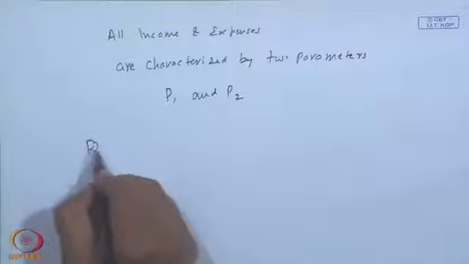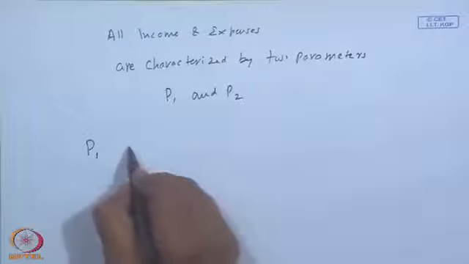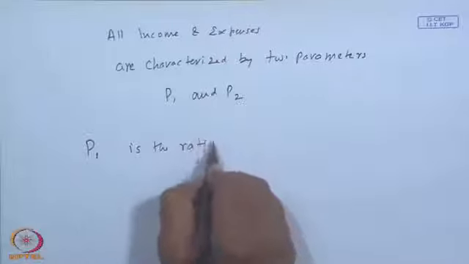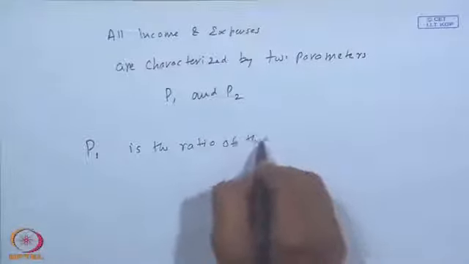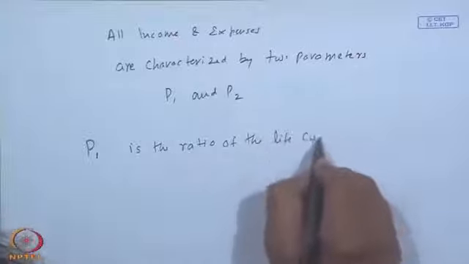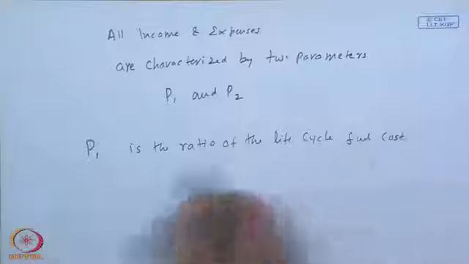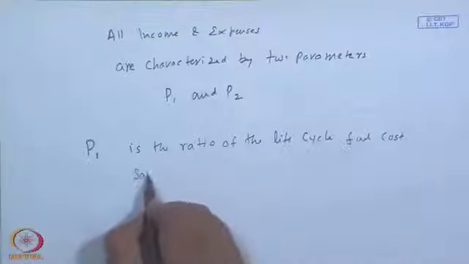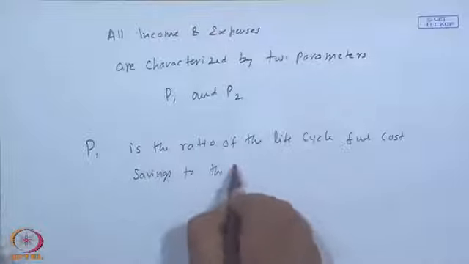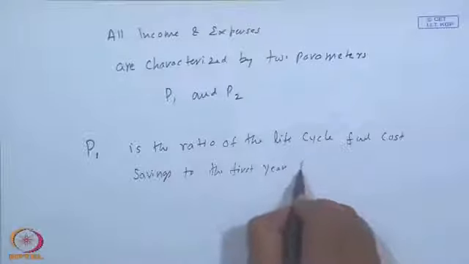So, P1, if you want to have an idea before we try to calculate it, is the ratio of the life cycle fuel cost savings to the first year fuel cost savings.